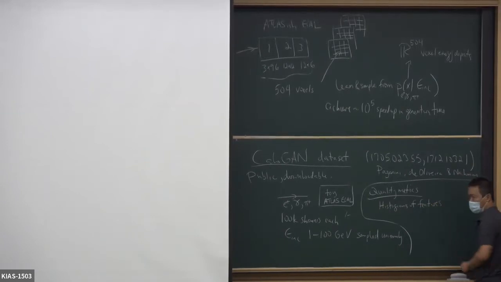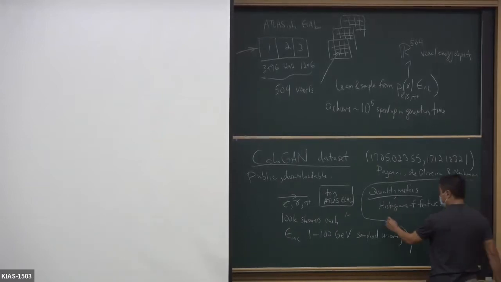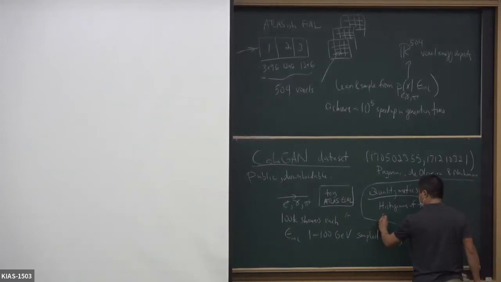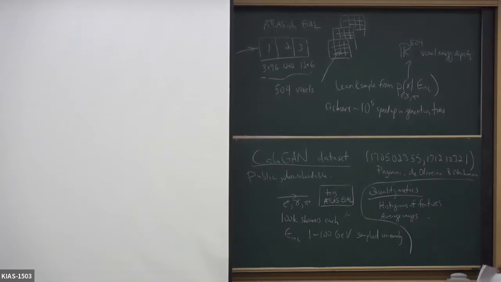For example, the brightest pixel in the image, or the pixel histogram, the distribution of pixel energies or voxel energies for the center voxel in the image, or the ratio between the brightest and the second brightest voxel energy, things like that. Okay, so histograms of features. They can look at average images, etc. Okay. Good.